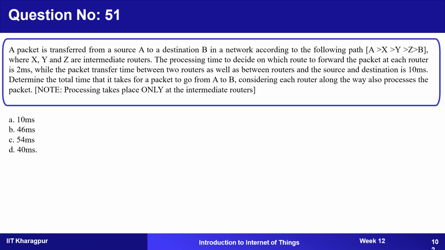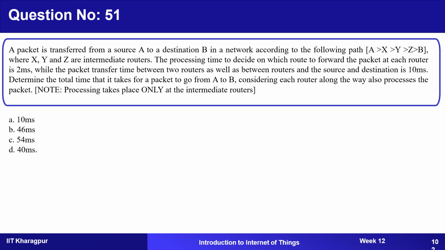The processing time to decide on which route to forward the packet at each router is 2 milliseconds, while the packet transfer time between two routers, as well as between router and source and destination, is 10 milliseconds. Determine the total time that it takes for a packet to go from A to B, considering each router along the way processes the packet. Options are 10 ms, 46 ms, 54 ms, 40 ms.